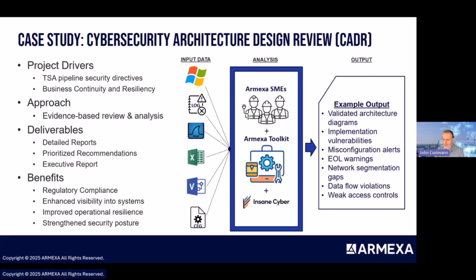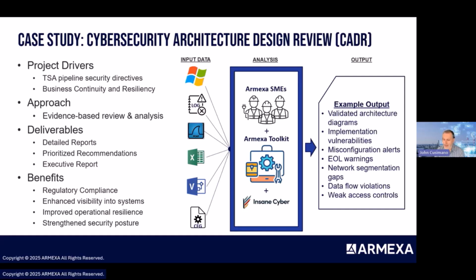Just to give you an idea of some of the output. Some example output from a CADR: you want a validated architecture diagram, so taking those diagrams and actually validating that they are correct. Other things are implementation vulnerabilities. When people talk about vulnerabilities, they often think about software vulnerabilities, things that have a CVE. Those are important to discover and to be aware of in the products that you're using.